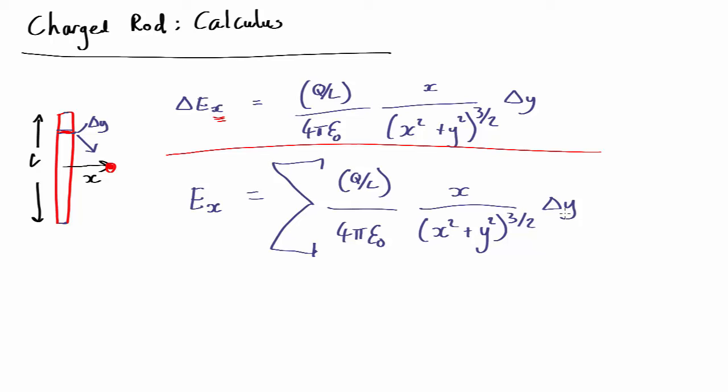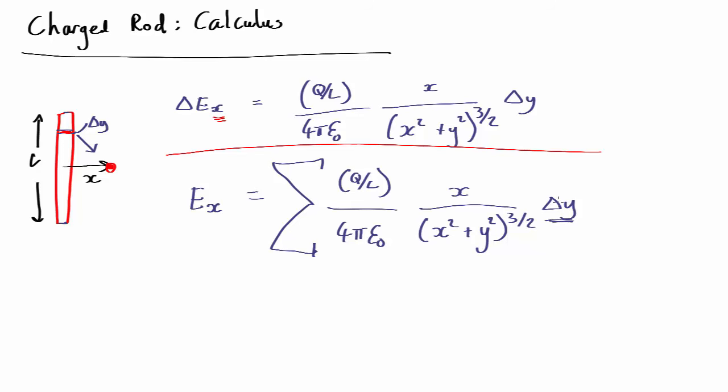Now if we make the delta y smaller, this is going to get more accurate. There are going to be more slices, but if you add them all up, it's going to get more and more accurate. To get perfect accuracy, what we need is to get these delta y's as small as possible, which means we're going to have a very large number of them. If you make them actually 0, an infinite number of them, then it becomes a bit undefined.